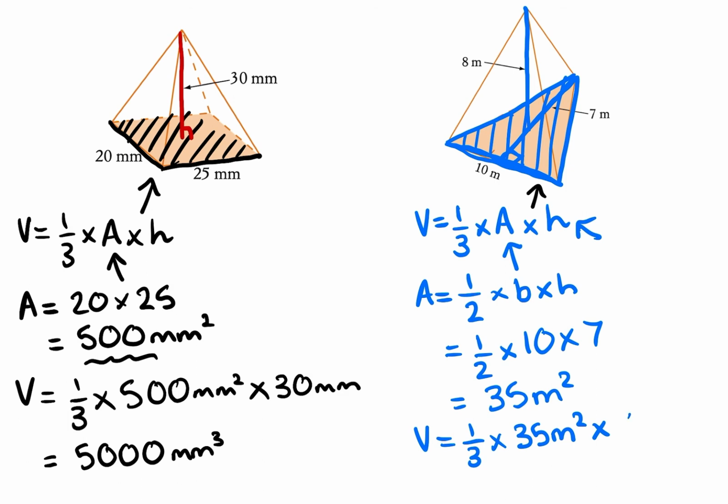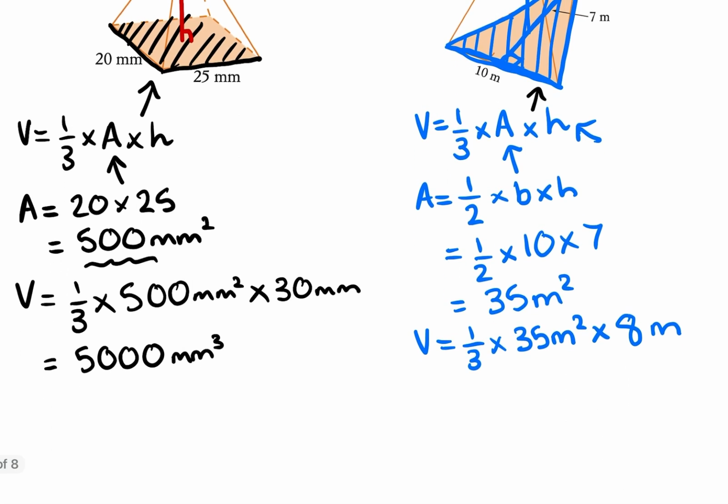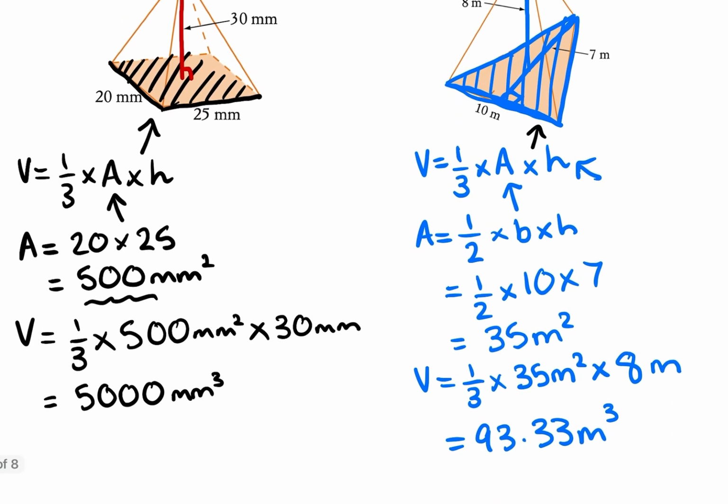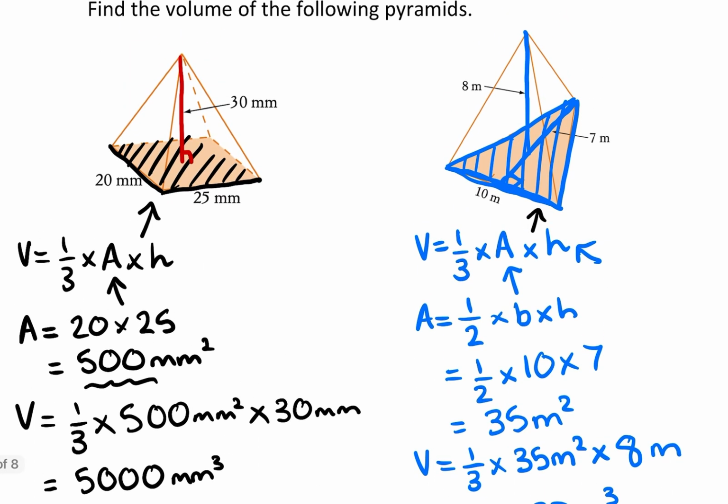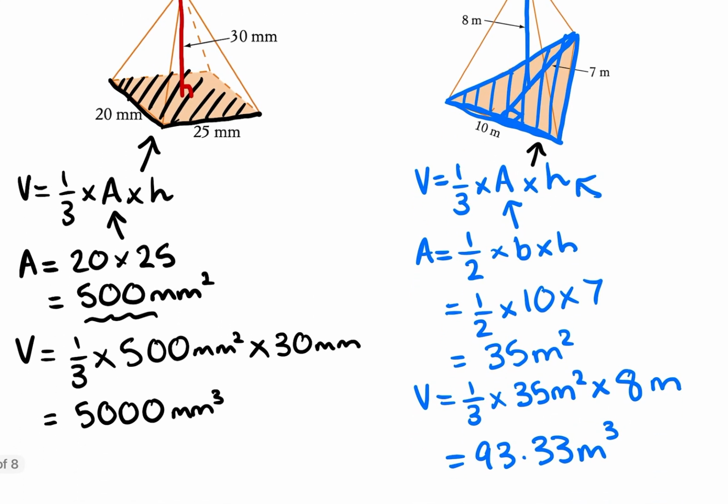And you can see that that's 8 meters. So if we plug all those values into our calculator, 1/3 times 35 times 8, it gives us a volume of 93.33 cubic meters to the nearest 2 decimal places. So we found the volume of both of these pyramids. That was pretty straightforward. We really just needed to use the formula.